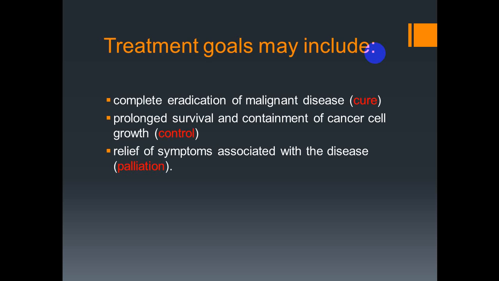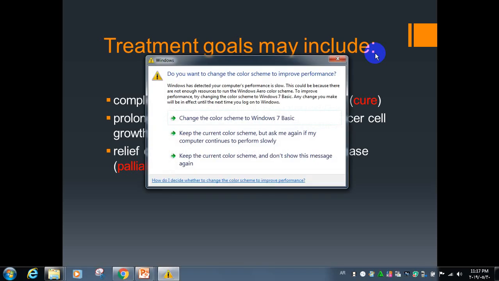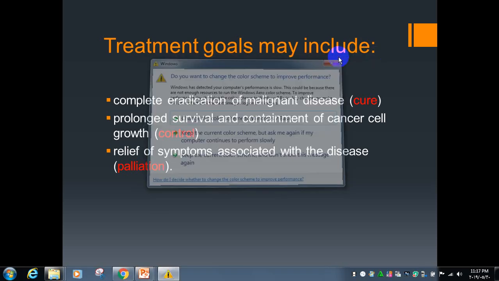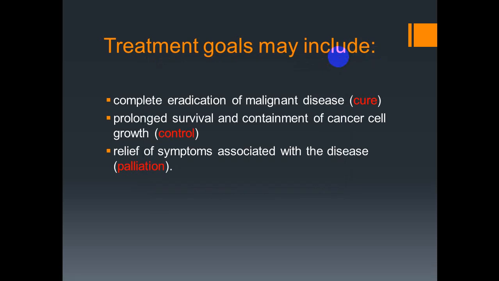The other goal is prolonged survival and containment of cancer cell growth, which is called control. So we have two goals: the golden goal is cure, and the other goal is control of the disease. And the palliation, which is relief of symptoms associated with the disease.